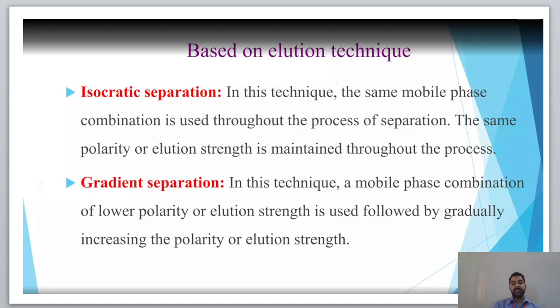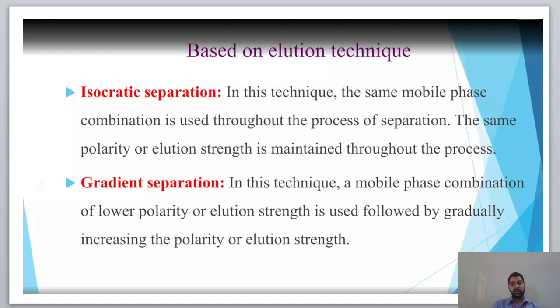Next, gradient elution. Means in this technique, a mobile phase combination of lower polarity or elution strength is used, followed by gradually increasing the polarity or elution strength. Means here the ratio of mobile phase changes from lower polar to higher polar solvent throughout the process.